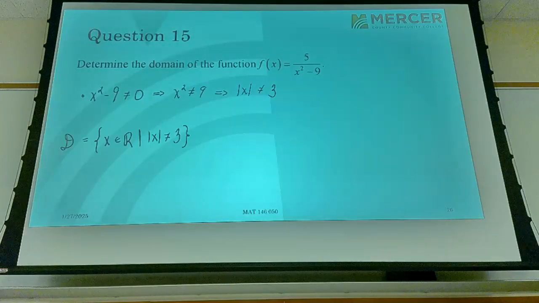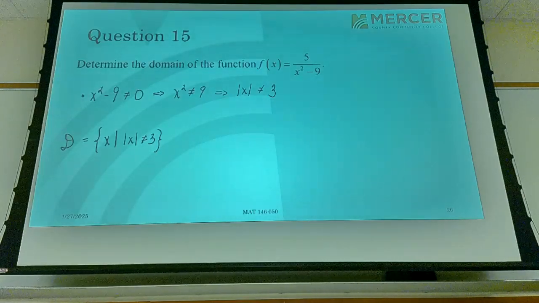However, we are implied to be dealing with only real numbers, so I'll probably wind up just doing this: the set of all x such that x cannot be, or absolute value of x cannot be 3. That is your set notation, or set builder notation.